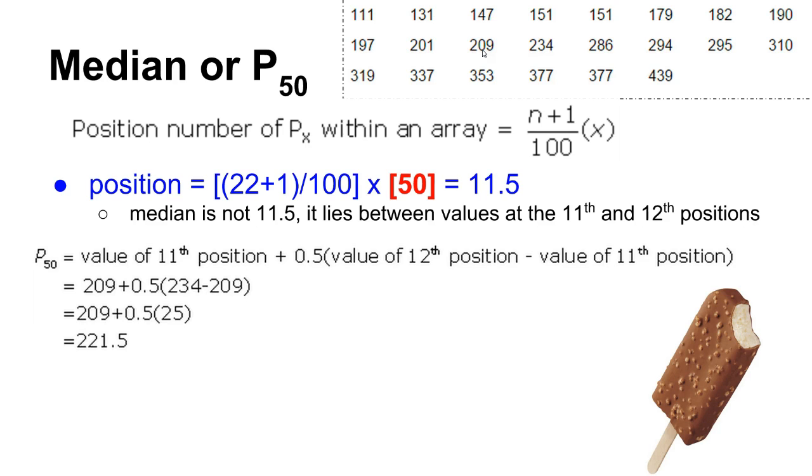You've got to make sure that you get your signs right on this, because otherwise you get an incorrect P50. In this case, the 12th value is 234. We subtract 209 and end up with a difference of 25. Then we go to the halfway point, which is 12.5. So 209 plus 12.5 is 221.5.